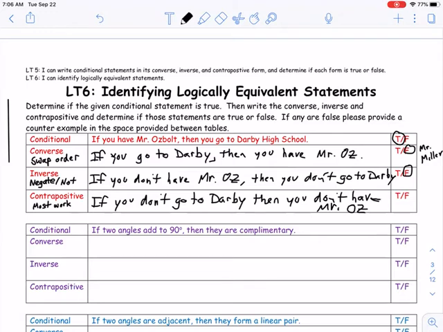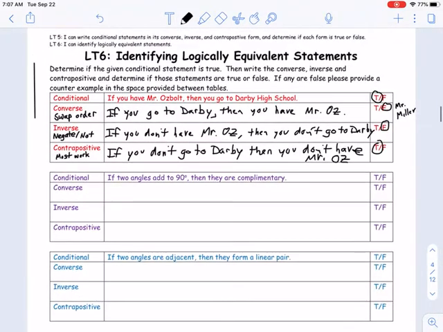My handwriting got a little sloppy. I was just really excited, went a little too fast. If you don't go to Darby, then you don't have Mr. Oz. So notice how I swapped the order and negated. This is a true statement. Alright, if you go to like Davidson, you're not gonna have me. If you go to Bradley, you're not going to have me. Alright? So if you don't go to Darby, then you don't have Mr. Oz.